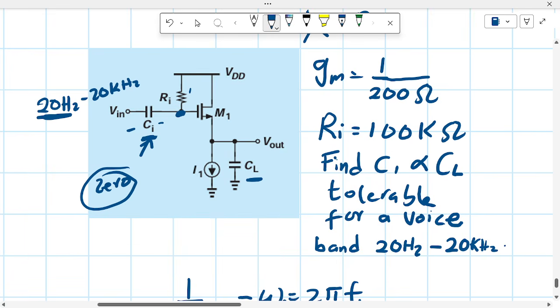When poles are introduced, it behaves like a low pass filter where high frequencies are rejected, or high frequencies cause a reduction in the gain. But for the zero, lower frequencies rather cause a reduction in gain.